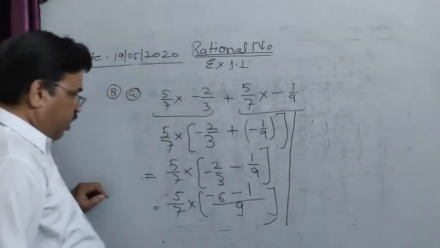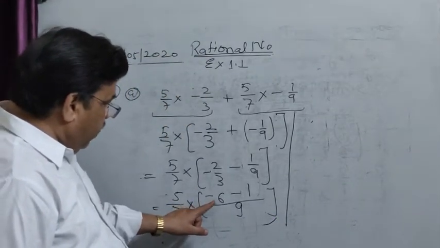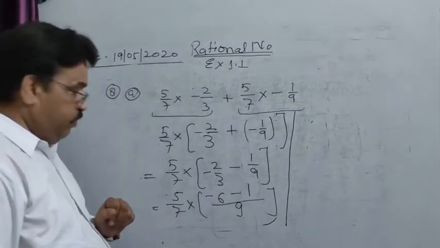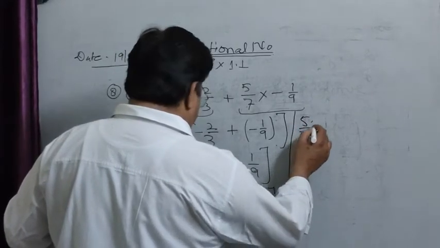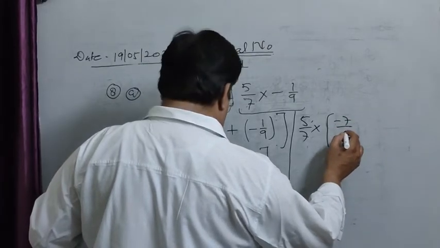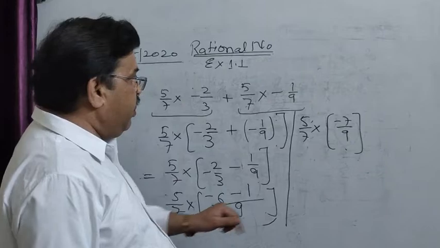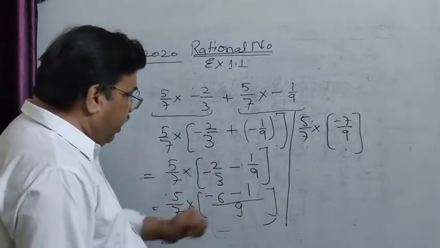Okay, now I have told you, you have to add them because they have the same sign. Okay, my 5/7 into minus 7/9. You have to put the sign of the greater number. Which is the greater number?